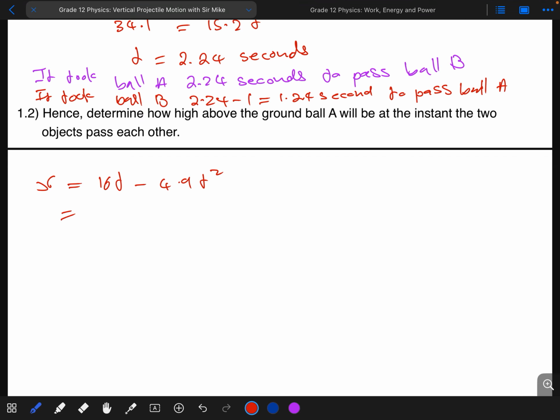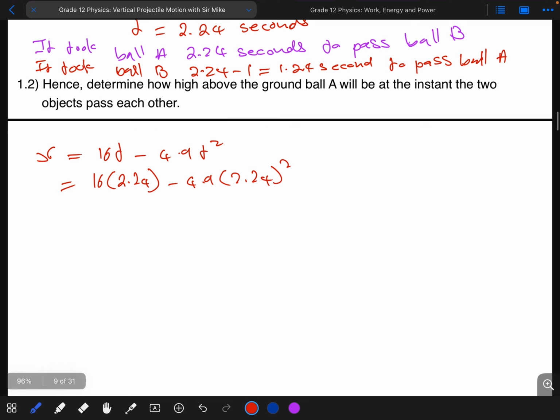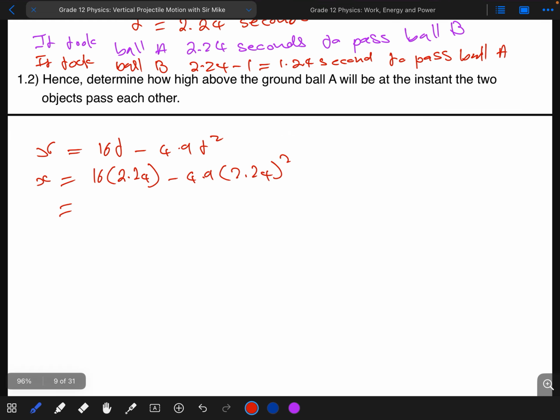I found t to be 2.24, so x is 16 multiplied by 2.24, minus 4.9 multiplied by 2.24 squared. If you put that into your calculator, the value of x is 11.25 meters. This means object A was 11.25 meters above the ground when the two objects passed each other.